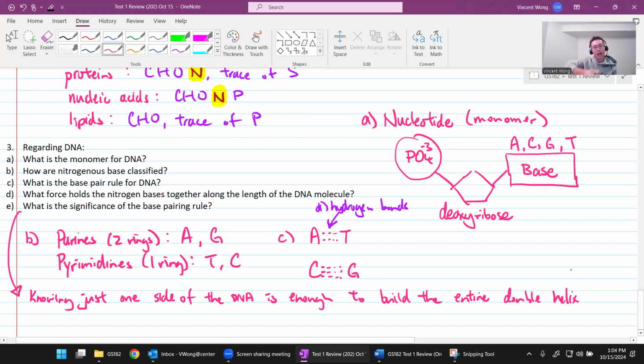Knowing one side of the ladder will allow you to build the missing half. It turns out this is how DNA is replicated. We'll learn that in the second half of the course. That's DNA right there.